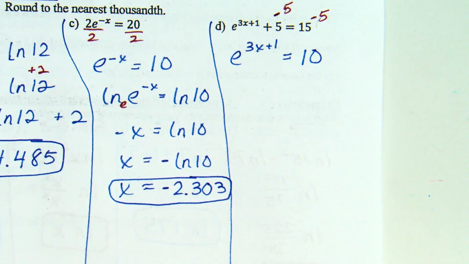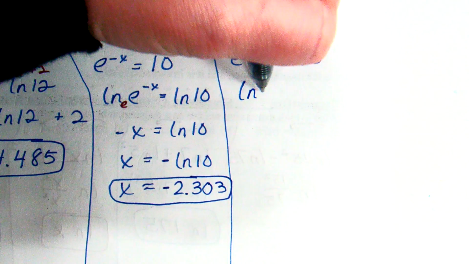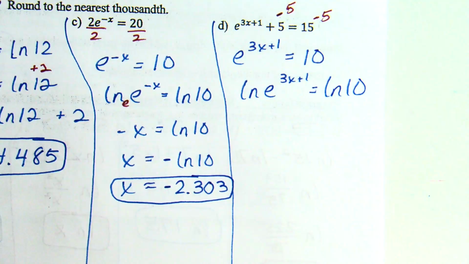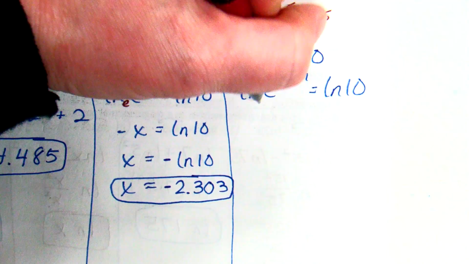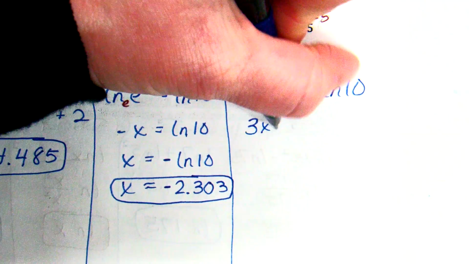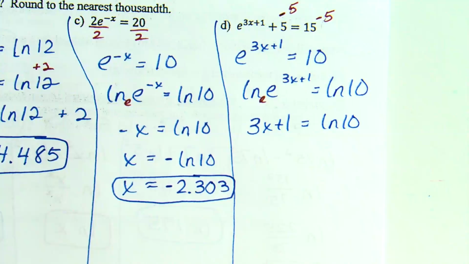My e is by itself, so we're going to take the natural log of both sides. Natural log of e to the 3x plus 1 equals natural log of 10. Because natural log is base e, and this is e to some power, I now have 3x plus 1 equals natural log of 10.